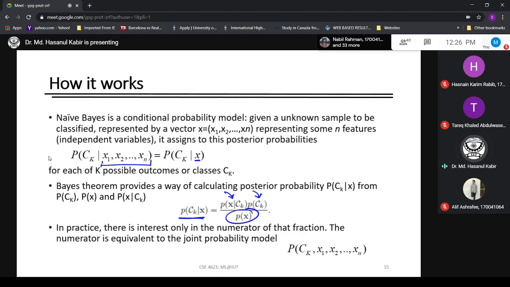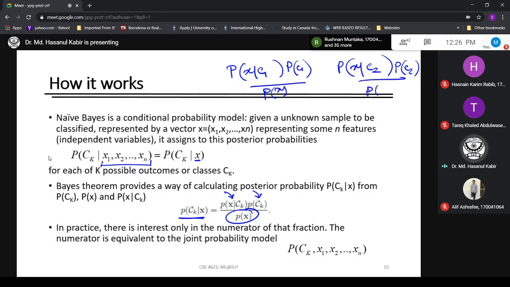I mentioned earlier that in the case of two-class classification, I compute the posterior probability for class 1 and the posterior probability for class 0. Let's say class 0 is the negative class and class 1 is the positive class. If I break it down, on this side I will have the likelihood times the prior, and on the other side the likelihood times the prior of the other class, each divided by the probability of x.